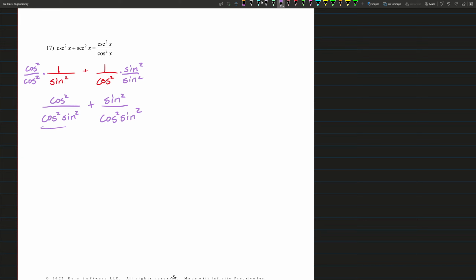So now that we have a common denominator here, we can just add the numerators. So we get cosine squared plus sine squared over cosine squared sine squared. This numerator, cosine squared plus sine squared, is just equal to 1. And then I can split up both these fractions.